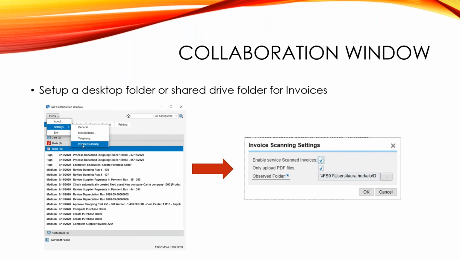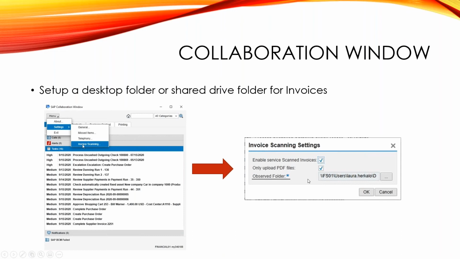So once you set up that folder, you'll go into settings and then invoice scanning, and these settings you'll want to enable. So enable your scanned invoices service, and then only upload PDF files. It's a little misleading because it says only upload as opposed to match, but you'll want to tick that.